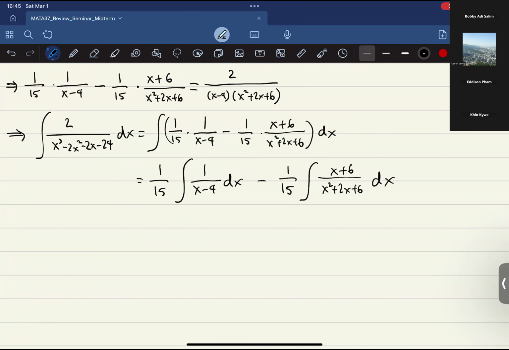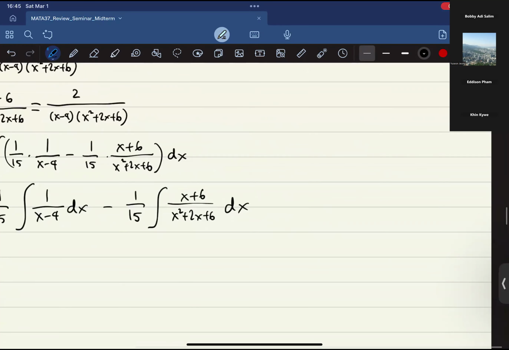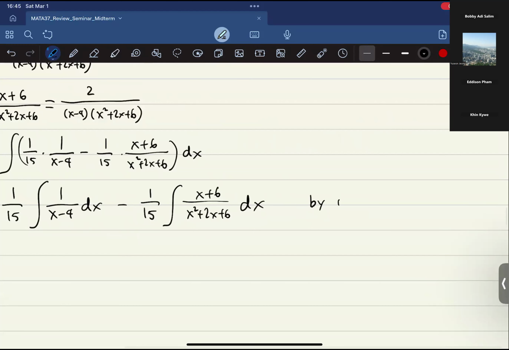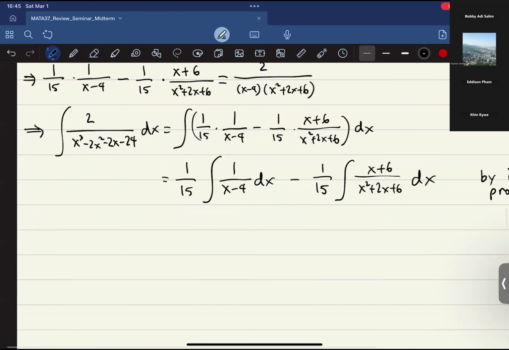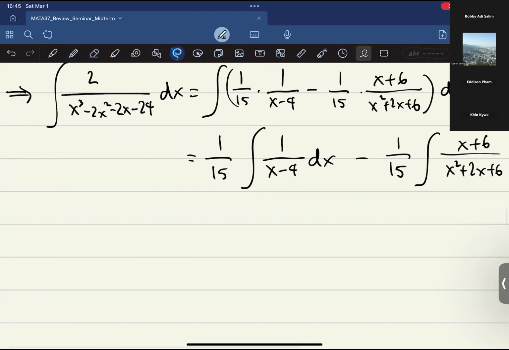Now that we have two simpler integrals, by integral properties, we'll first look at this one right here.